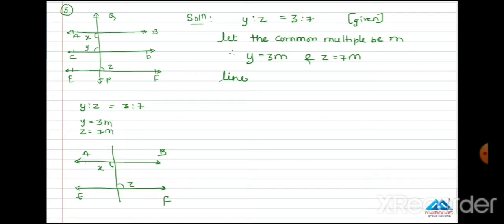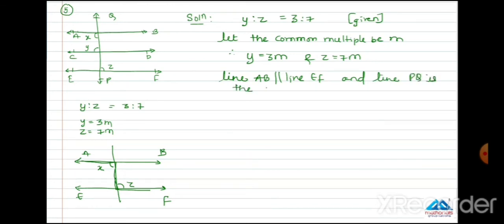So here two angles are there, x and z. X and z are forming a Z shape, and Z shape angles are alternate angles, and alternate angles are equal to each other.